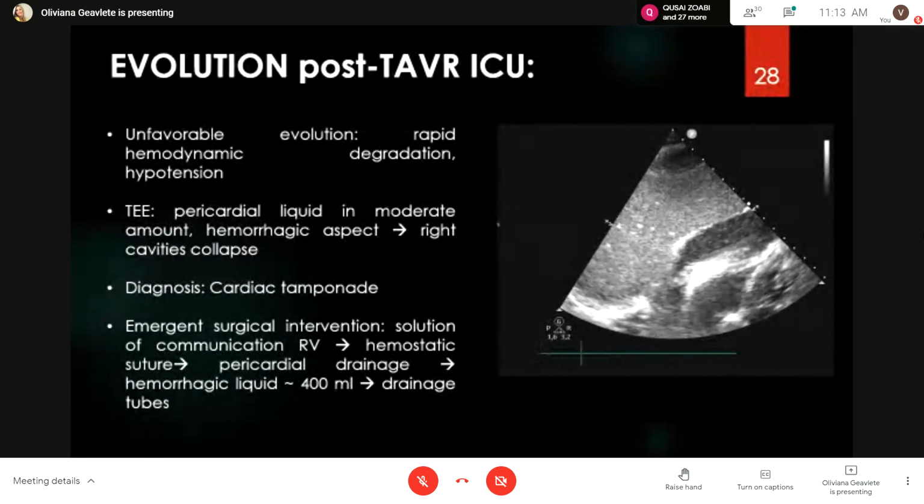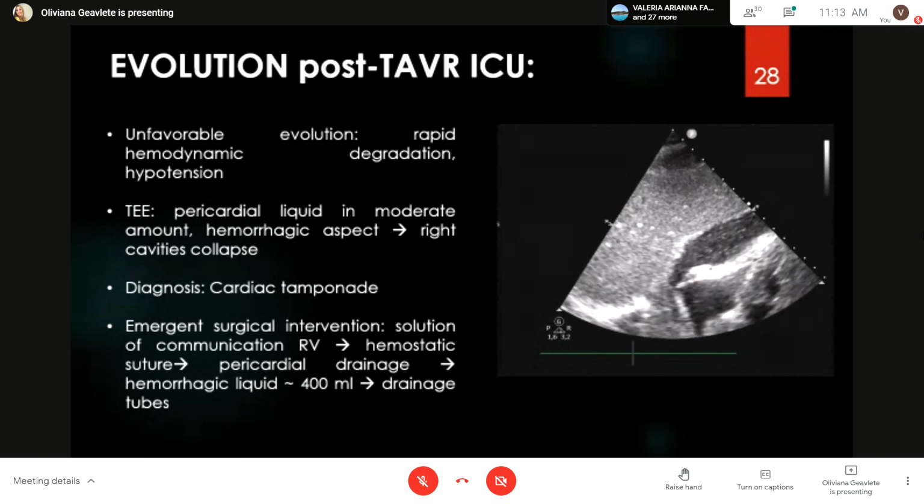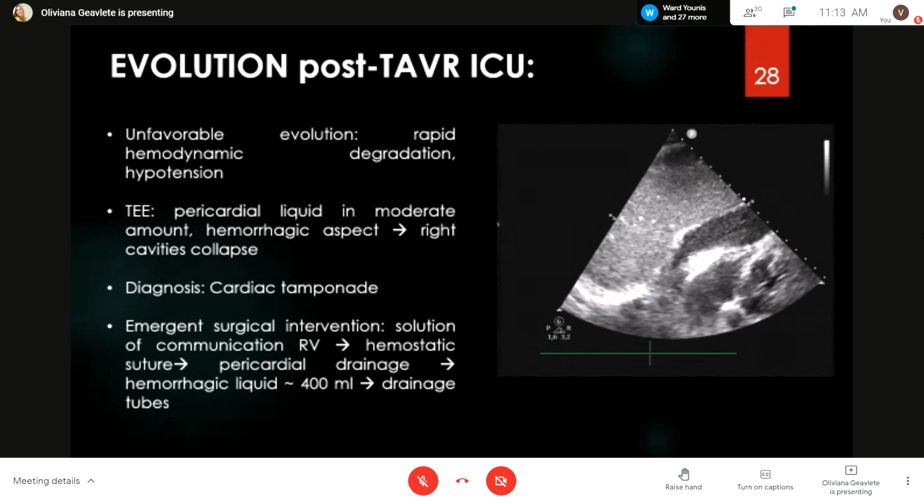The patient's evolution was not good, severe hypotension, and we just looked into the pericardium and we saw pericardial liquid in moderate quantity with the hemorrhagic aspect that collapsed the right cavities.